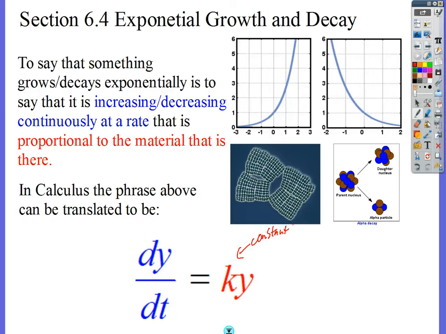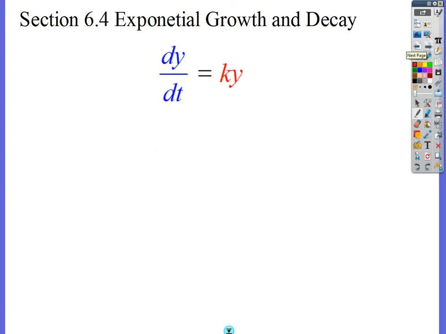So what does that mean exactly? If I were to solve it like a differential equation like we had in 6.1, what do I do? I separate my y's and my t's. So I'm going to divide both sides by y and multiply by dt. So I get 1 over y dy is equal to k dt.